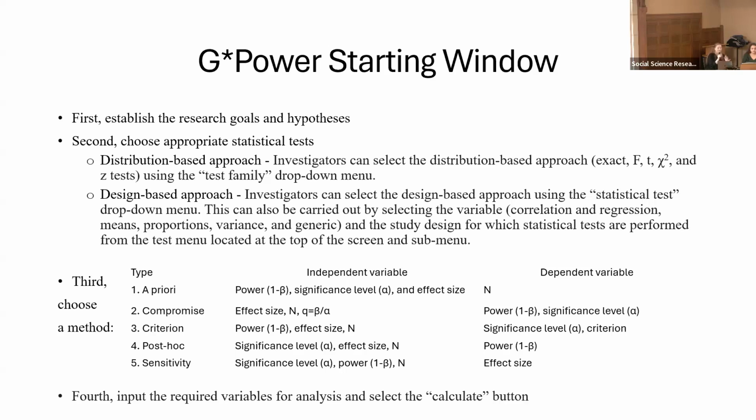On my own end, I typically do a design-based approach, but neither of these is wrong. These are two options that you can use. You can choose what statistical test you're planning on running, what statistical test you might choose to pre-register. Neither is wrong, and both are completely valuable choices to make.